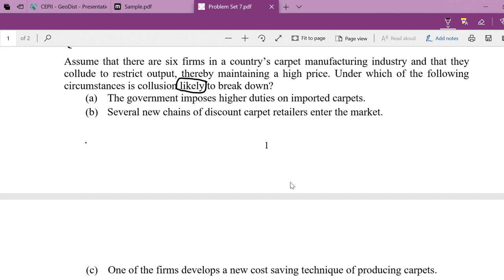And these manufacturers actually produce internally. I thought they were importing. No, they are manufacturing. It says manufacturing industry, yeah? So since it's hard to import from outside, they sell at high prices internally because the government is restricting the imported carpets.